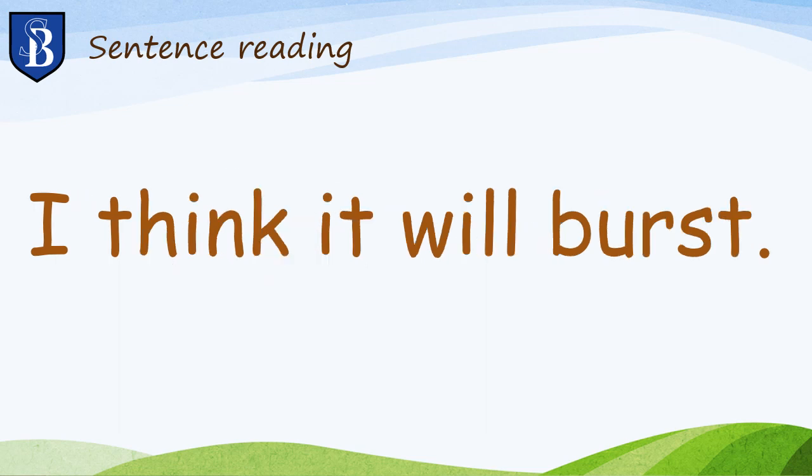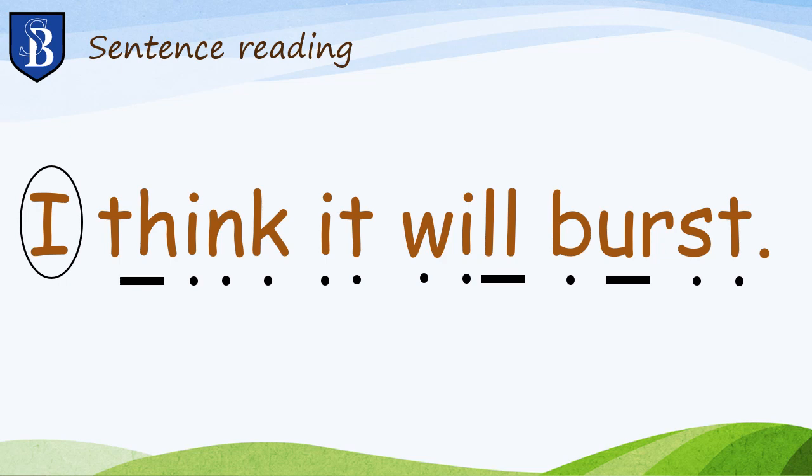How about this sentence? Can you see any sight words here? Yes, it starts with the word I. Let's see if we can segment and blend the rest. I think it will burst.